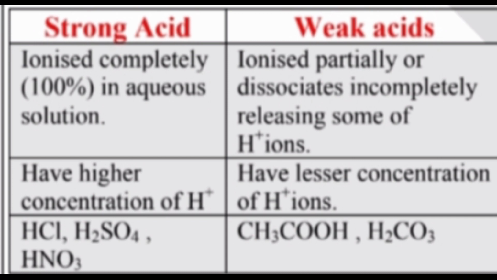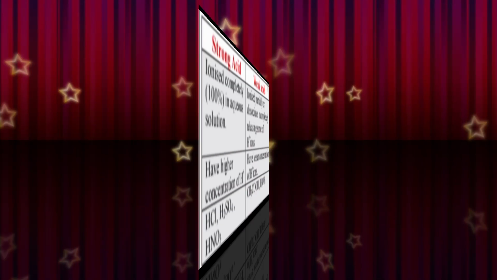Weak acids ionize partially or dissociate incompletely, releasing some hydrogen ions. Strong acids have higher concentration of hydrogen ion. Weak acids have lesser concentration of hydrogen ion. Examples are hydrochloric acid, sulfuric acid, nitric acid. Weak acid examples are acetic acid and carbonic acid.